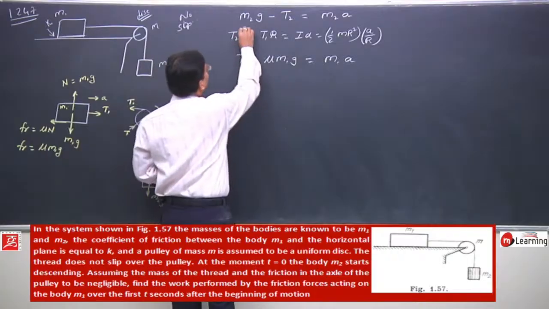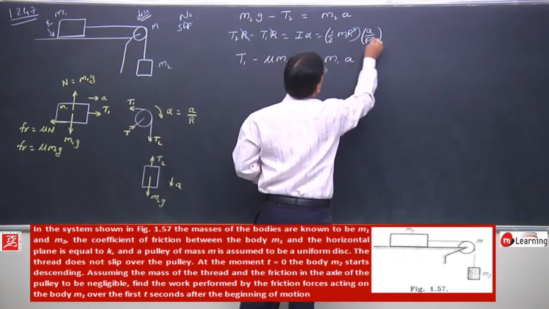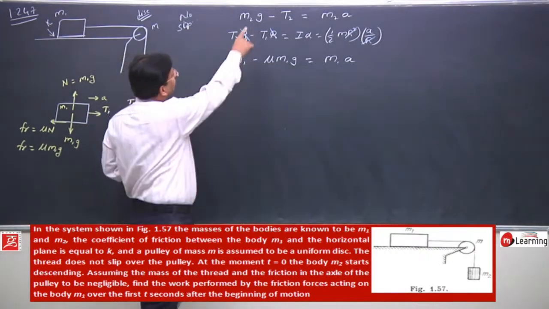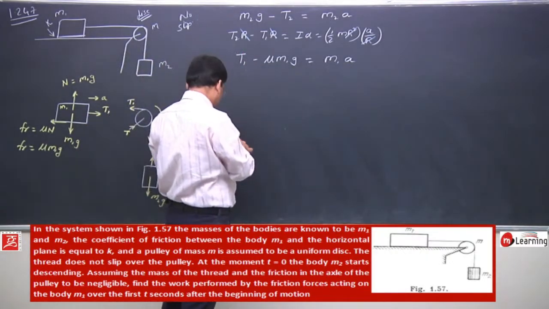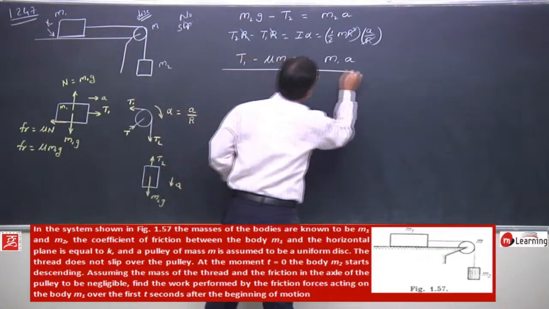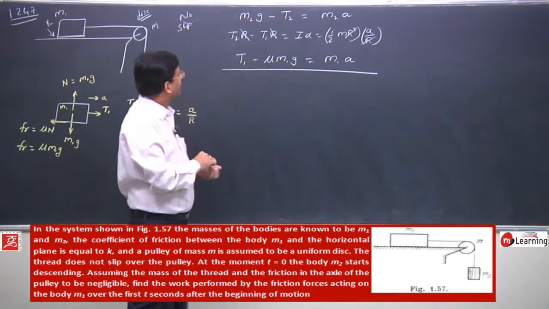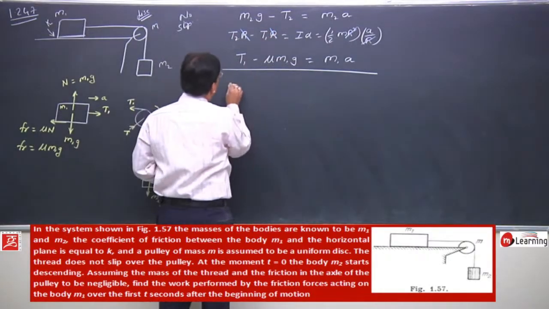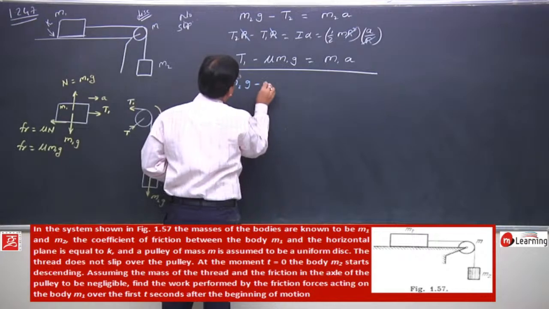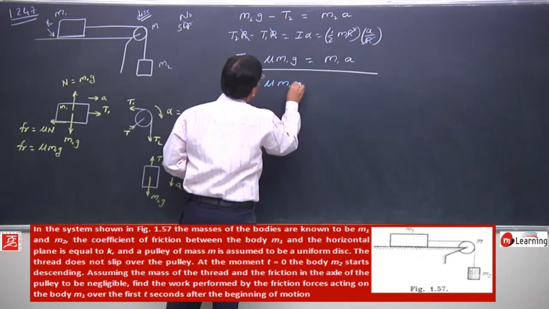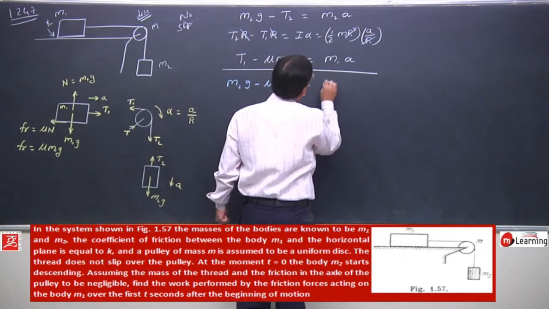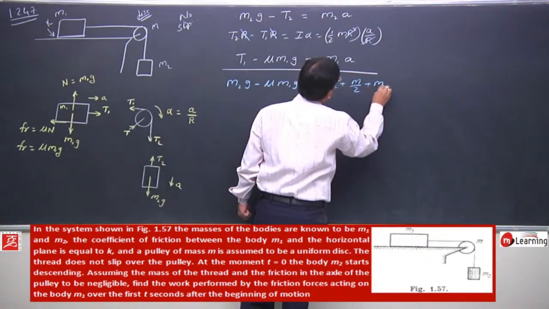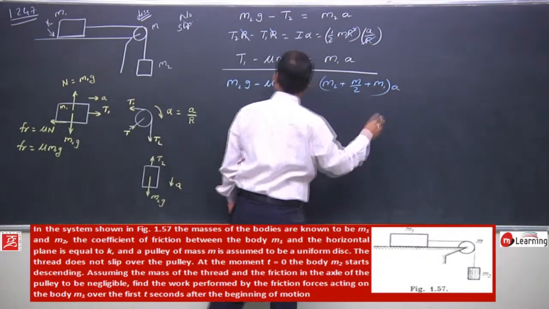Now observe that this R would get cancelled throughout, and we can add the 3 equations, and after adding the 3 equations, T1 would get cancelled, T2 would get cancelled, and we'll get m2g minus mu m1g is equal to m2 plus m by 2 plus m1 into a.